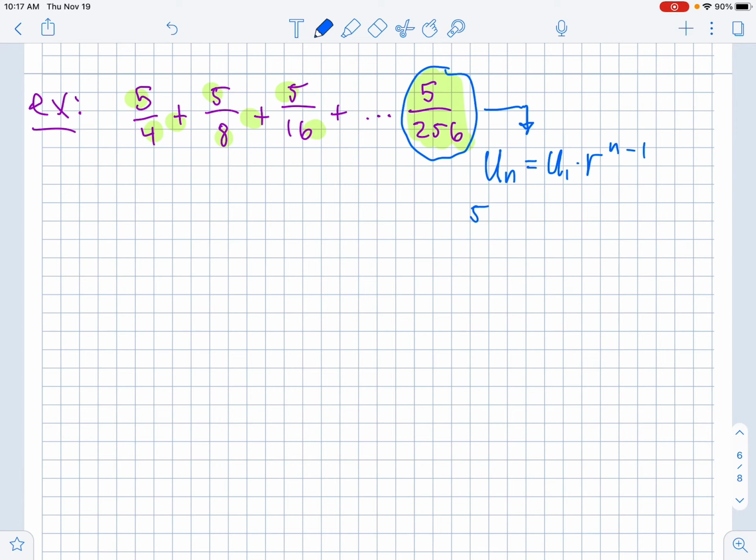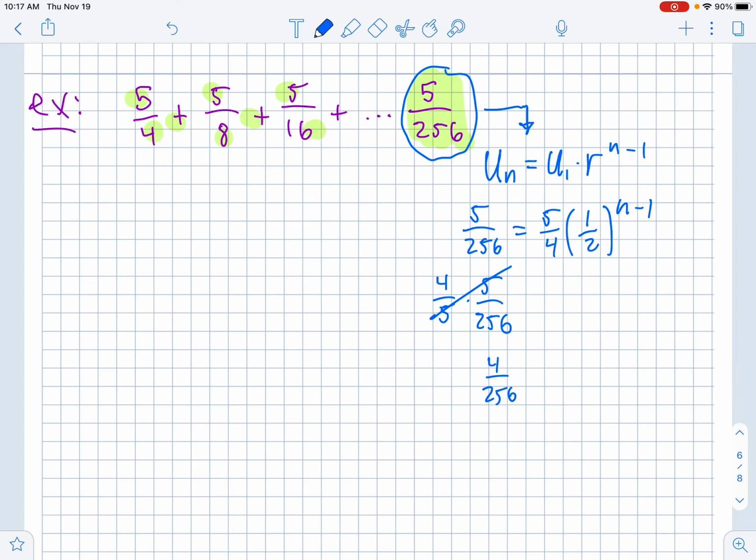So, we don't know which term this is. The first term is 5/4. And the common ratio is 1/2 to the power of n minus 1. I'm going to multiply both sides by 4/5 to cancel out the 5/4. These 5s go away.